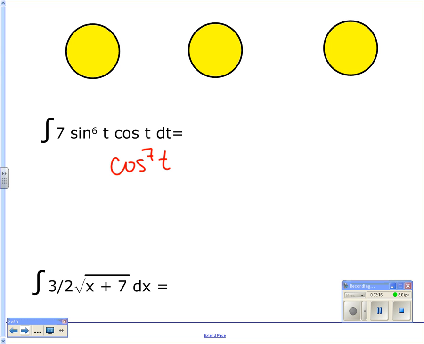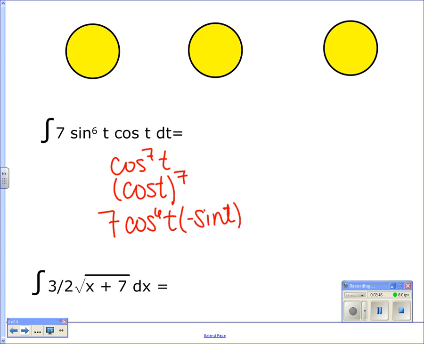So you could also write this like that if it helps you. Okay, that would be 7 cosine to the 6th t. And then what do you have to do? Take the derivative of cosine? What is the derivative of cosine? Does that look like this?